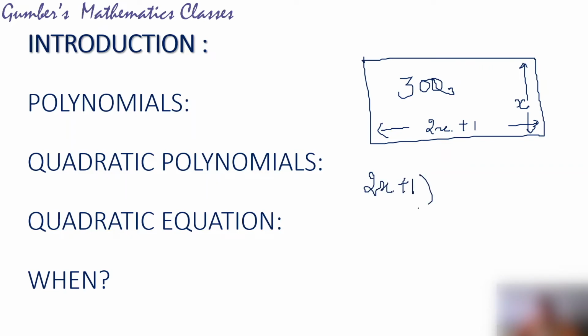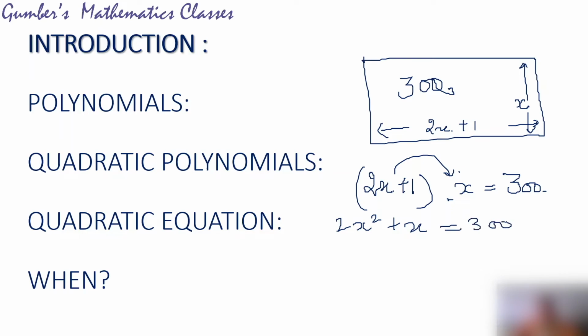So (2x plus 1) into x is to be equal to 300. Now let's open this bracket, we will get 2x square plus x is equal to 300. This is 2x square plus x minus 300 is equal to 0. Now this is a quadratic equation.